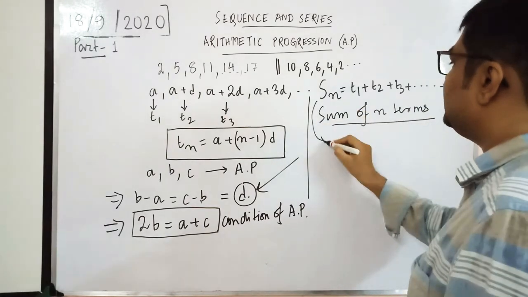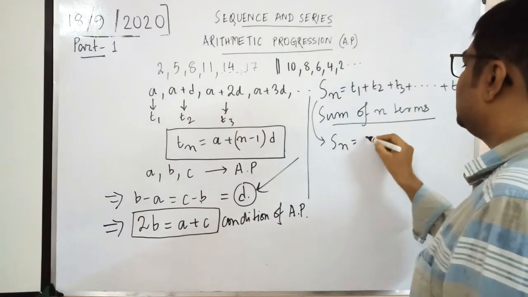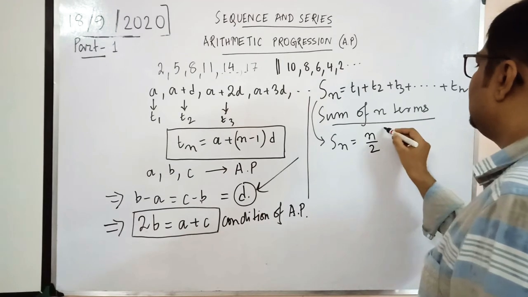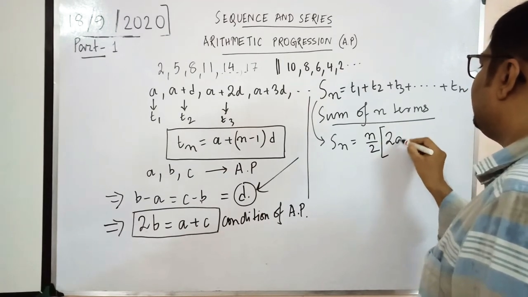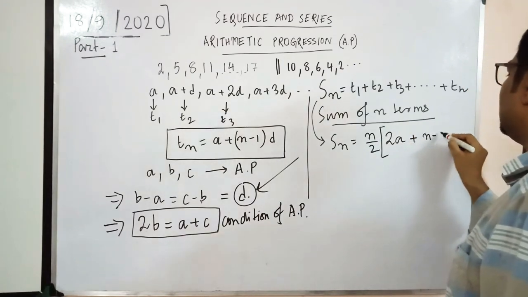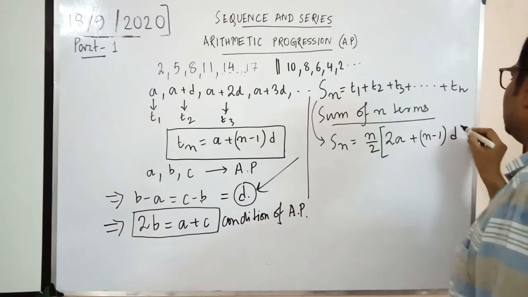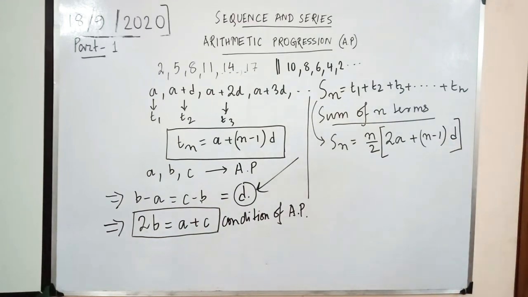This Sn has a formula: n by 2 into (2a plus (n minus 1) into d).